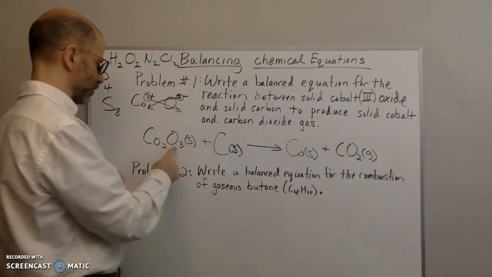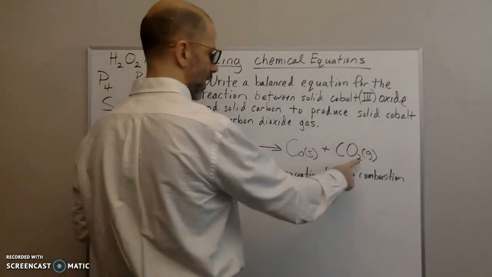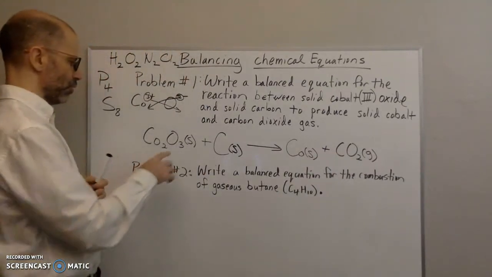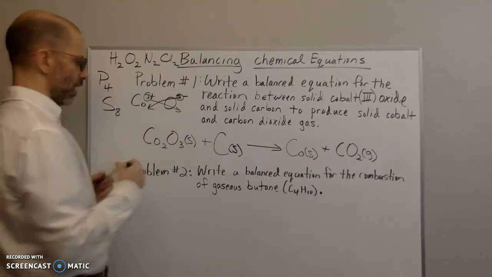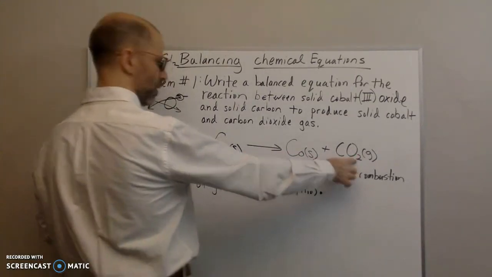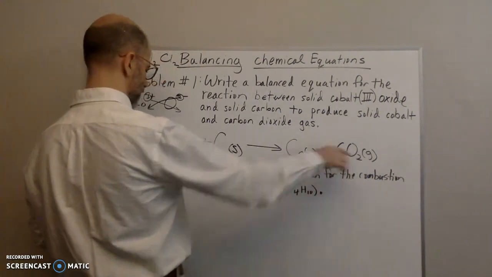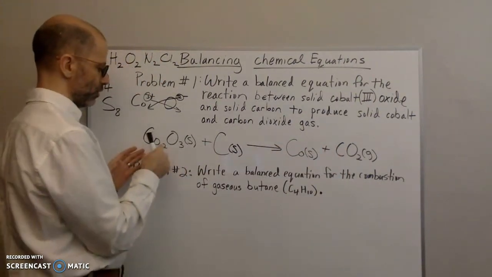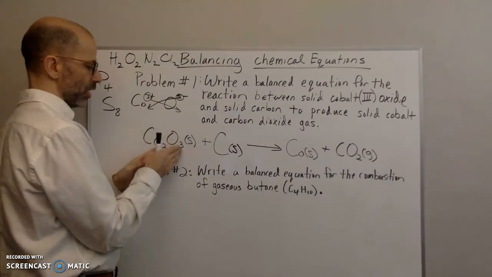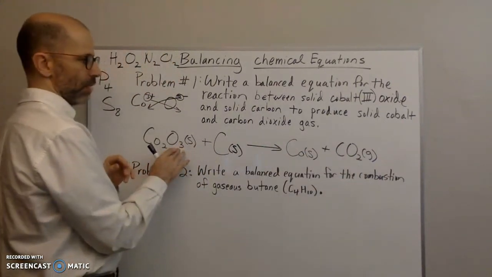So with oxygen, I have 3 oxygens here, and I have 2 oxygens here. If I do 2 over here, then I need to get 1 more oxygen on this side. So I can figure out, what times 2 is going to get me 3, right?